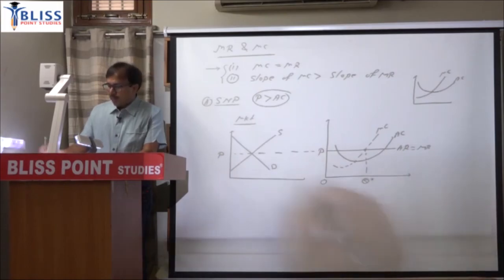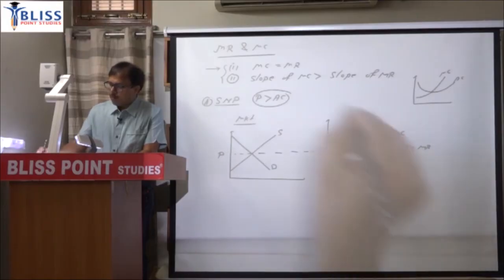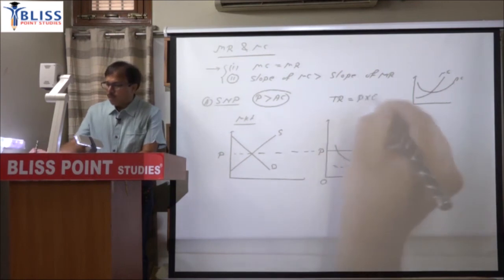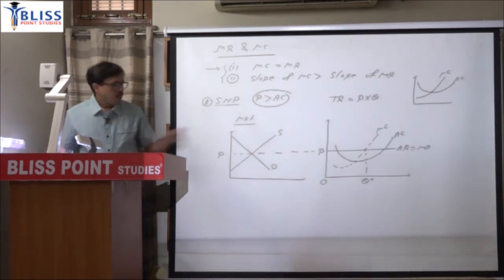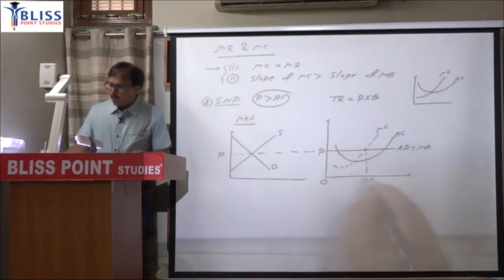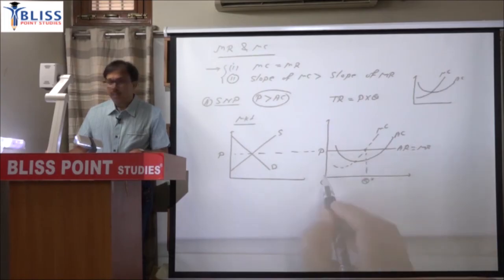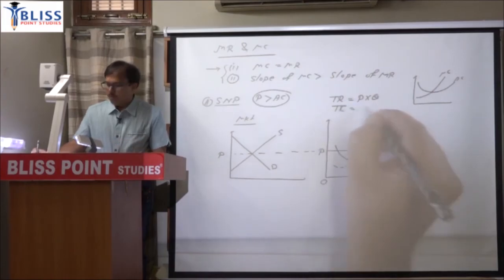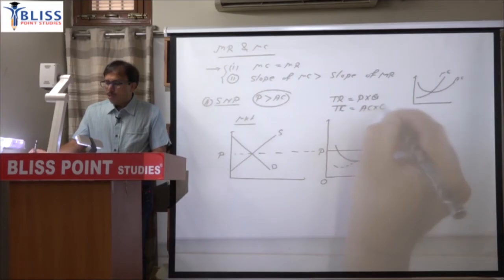After that, graphically how to determine the area of profit. For that purpose, can you identify the area of revenue? Revenue is price into quantity. Clear? So price is this into quantity, so you get the area of this rectangle. This complete rectangle, the largest one, is the area of revenue. From that revenue you have to subtract total cost. But how to find that total cost? Average cost into quantity.